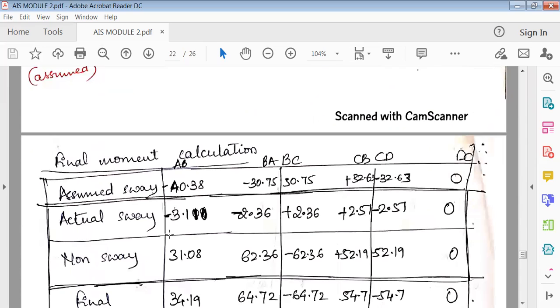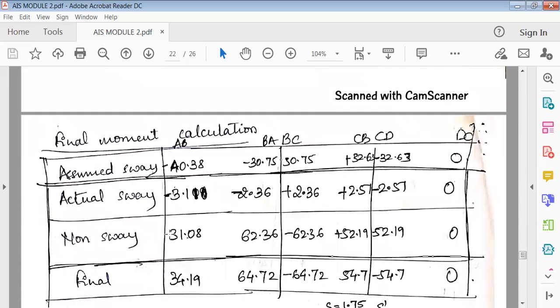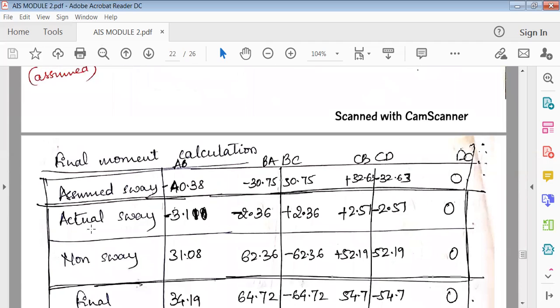Next is the final calculation. You can check it out here. The table should be like this only, the final moment calculation.